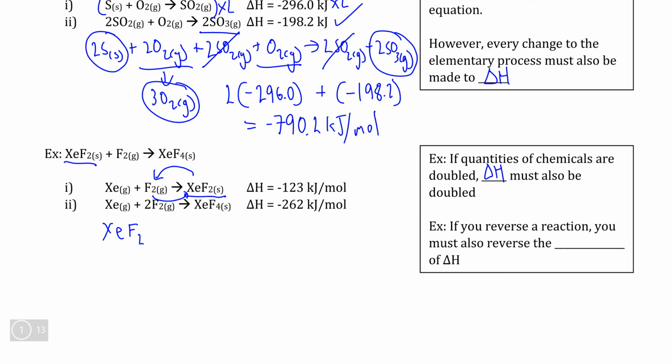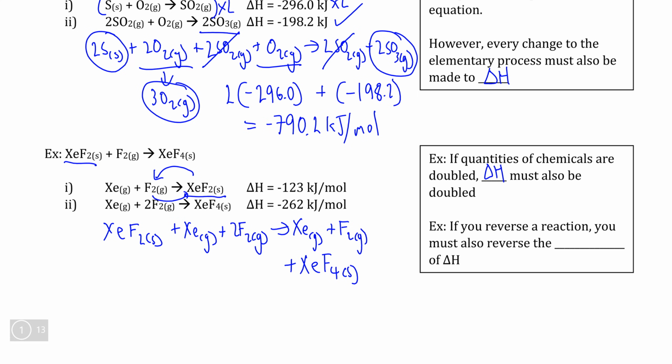So xenon difluoride is our reactant compound, and then that means we can add it to the reactants of the second step, xenon gas, and 2 molecules of fluorine gas. And then if we combine our products together, we have, again, xenon gas and 1 molecule of fluorine gas from the first step when we flipped it, and xenon tetrafluoride, the product that we want.